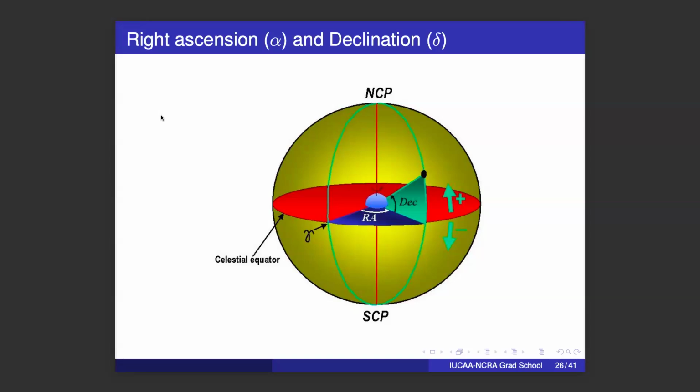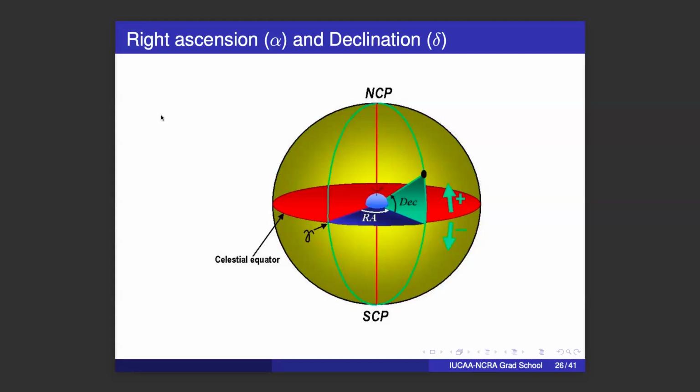Similarly, if you want to define the coordinates on the sky, now these coordinates are defined irrespective of the Earth's rotation. So it's not like altitude and azimuth. Every star, every galaxy can be assigned a unique set of coordinates which define exactly where it is. So those two coordinates are called right ascension and declination.